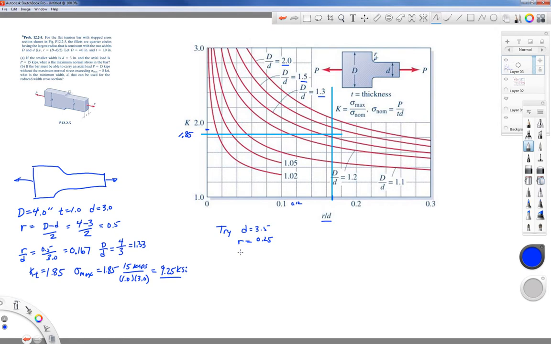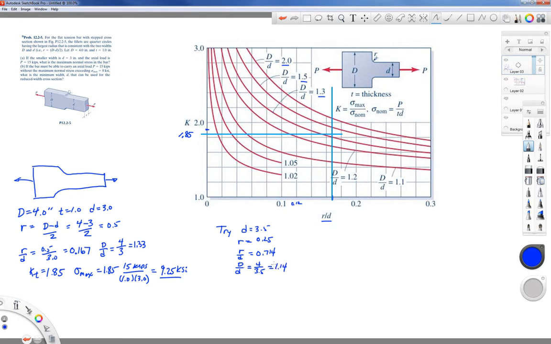And then little r over little d is going to be 0.25 divided by 3.5. That's 0.714. And then capital D over little d is going to be 4 over 3.5. It's going to be 1.14.